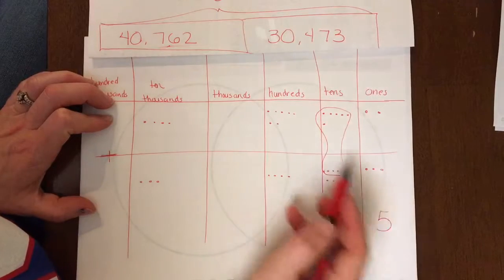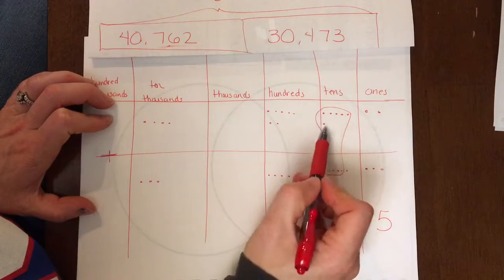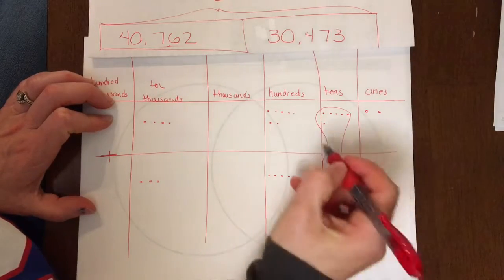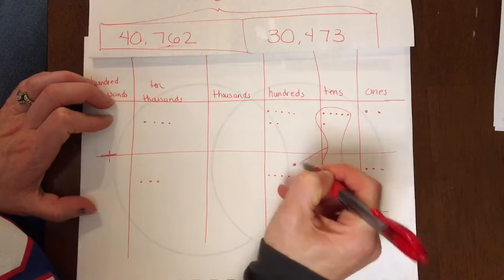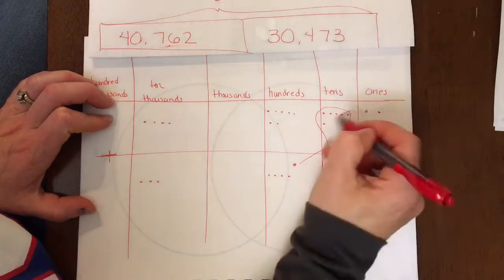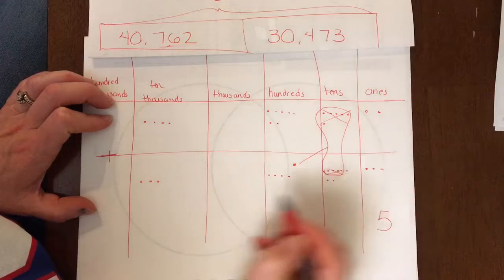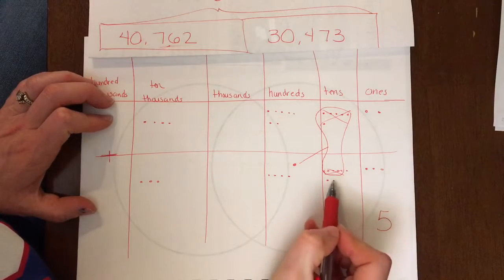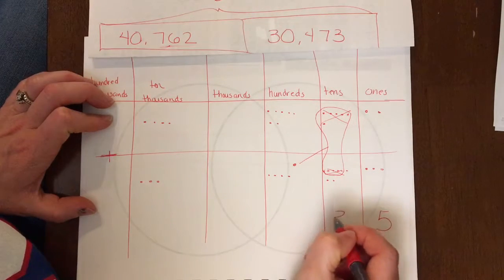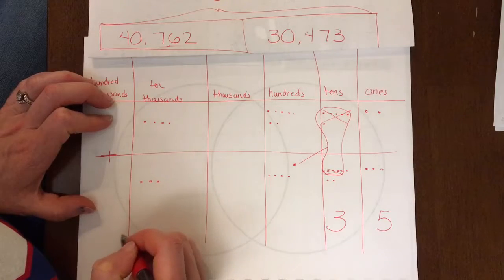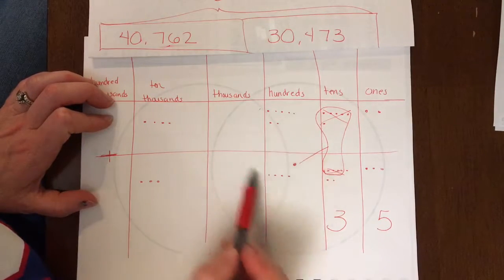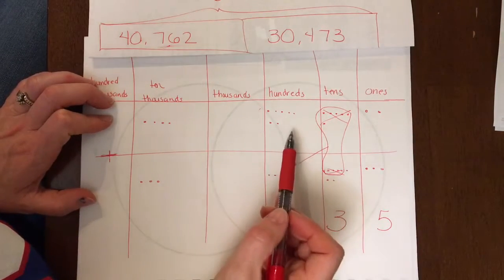And I always double check. 1, 2, 3, 4, 5, 6, 7, 8, 9, 10. So this comes over to my hundreds because 10 tens is the same as 100. I'm left with 1, 2, 3 tens. But look what happened. I made a mess here. I had to fix this.